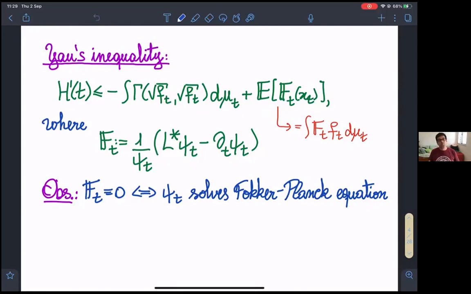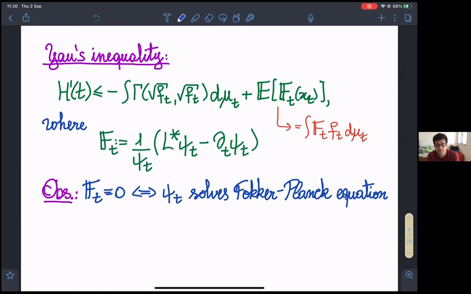Of course, we need some input to guess the right measure mu t and the right base measure nu here, and according to that, our function f is going to be easier to bound or not, the expectation of it.